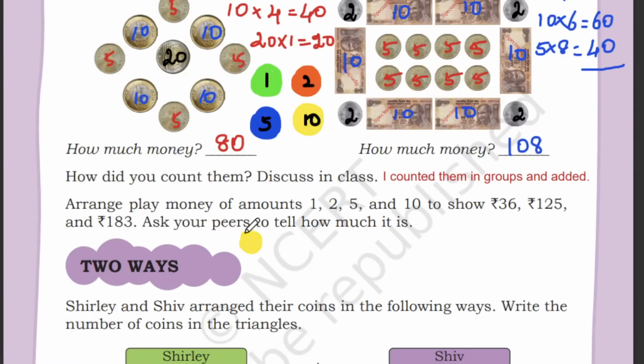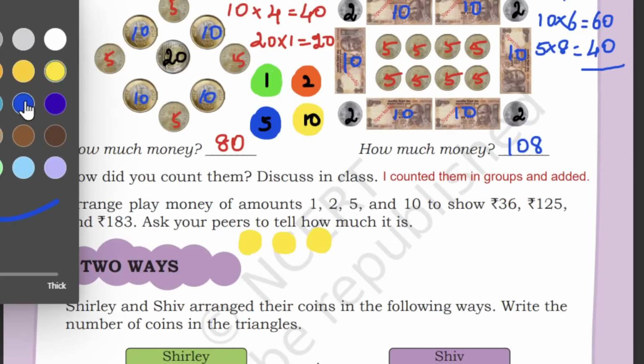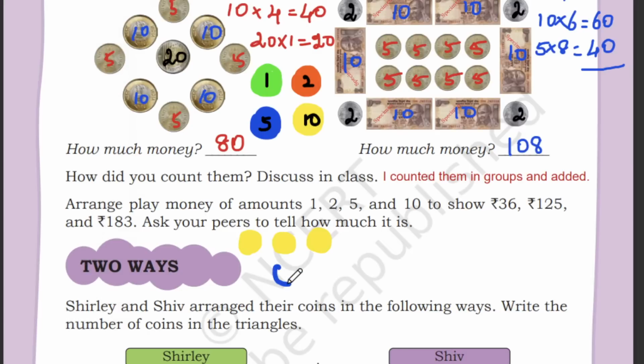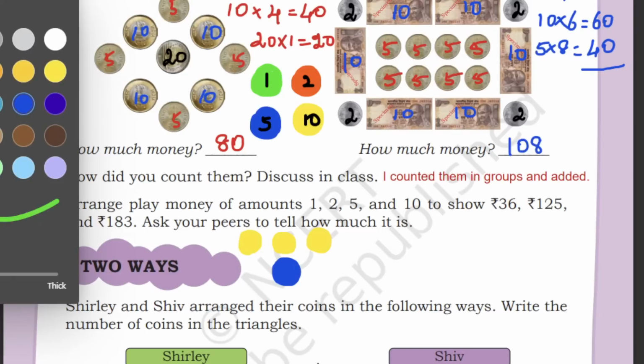So 1 ten rupees, 2 ten rupees, 3 ten rupees, and we can take 5 rupees, 1 five rupees, and then 6. So we have 1 rupee, we need to take green.